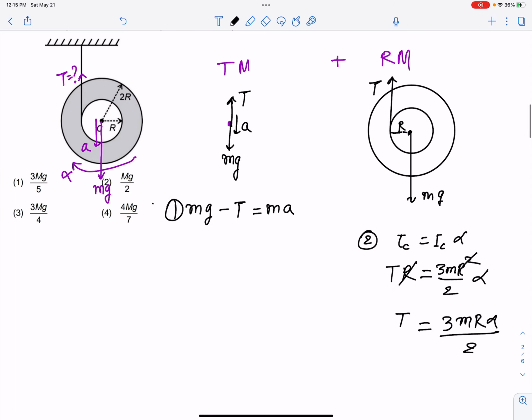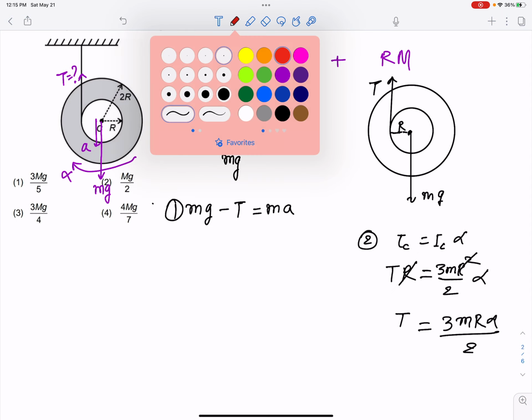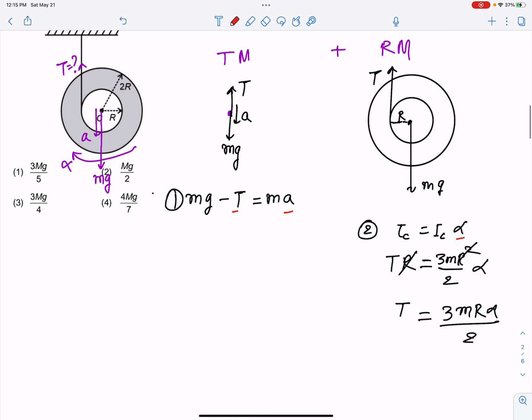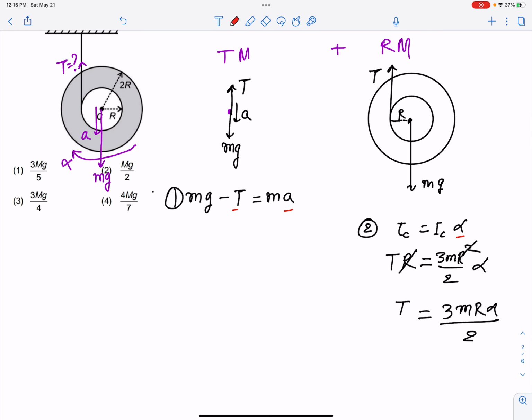Third, we can think of the constraint relation. We have 3 unknowns: tension, acceleration a, and angular acceleration alpha, right? If we think about 2 points, one on the spool and one at the end of the string, this end of the string is inextensible, so it will be at rest.